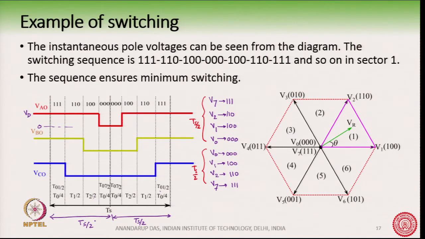So, if we see the pole voltages we can see that 1 1 1 you have for the first T01 by 2 period, which is actually equal to T0 by 4 period, because in this example T01 is equal to T07 is equal to T0 by 2.